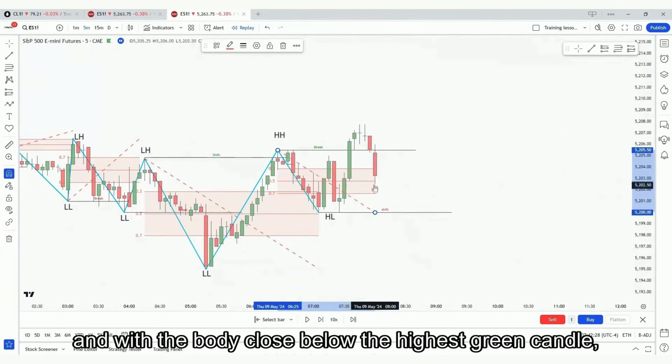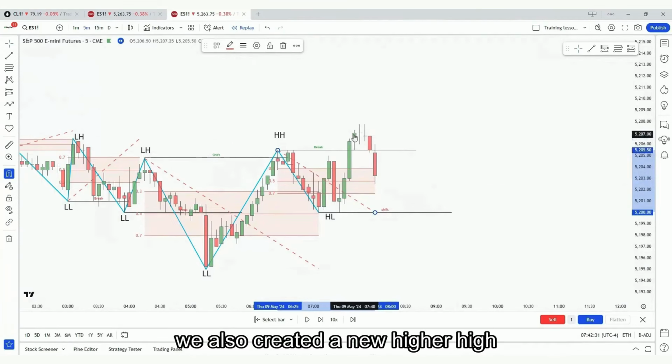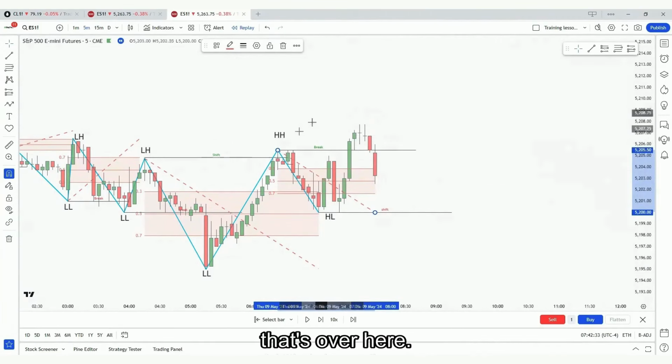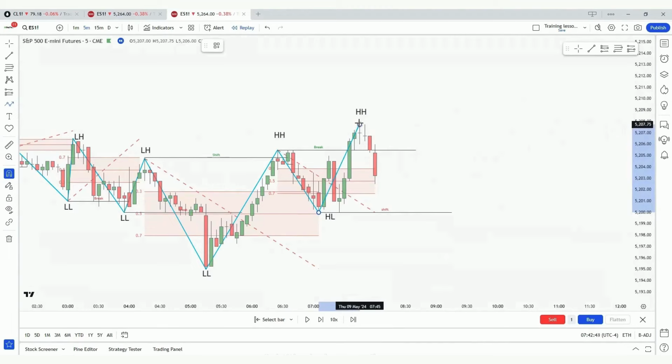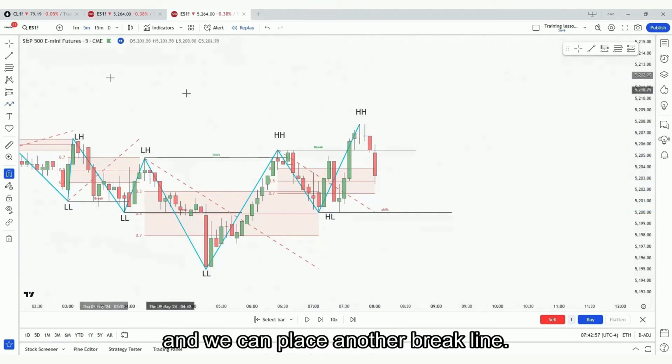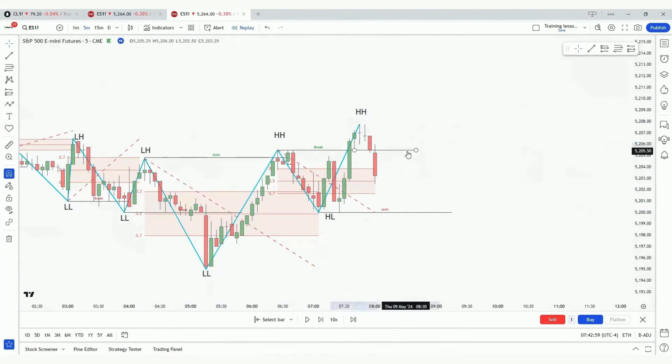And with the body close below the highest green candle, we also created a new higher high. That's over here. Draw the line from the higher low to the highest point. And we can place another break line.